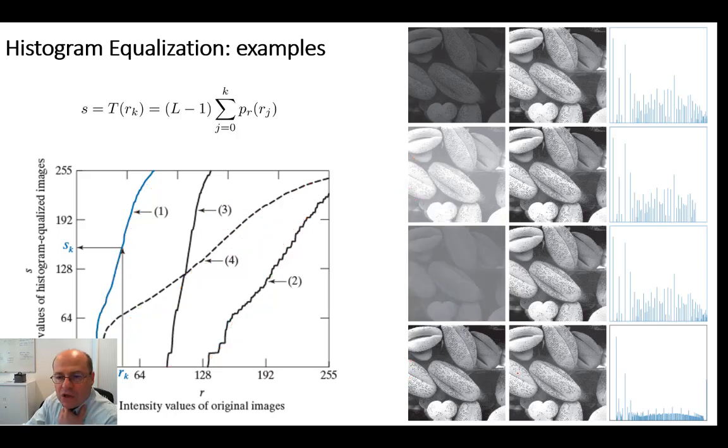Now we can see that the transformation function applied to a very dark image is quite steep here. So what the histogram transformation function is doing is getting a narrow range of very dark pixels here and mapping them to a wider range of pixels.